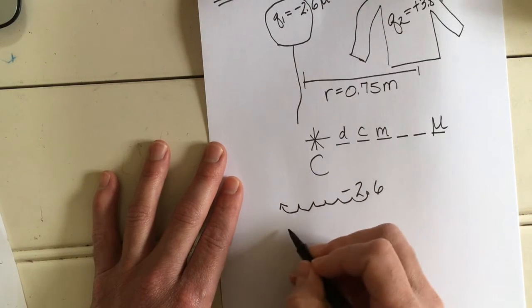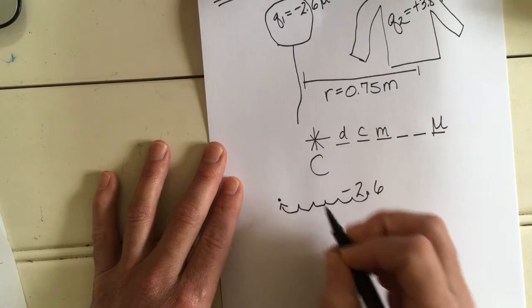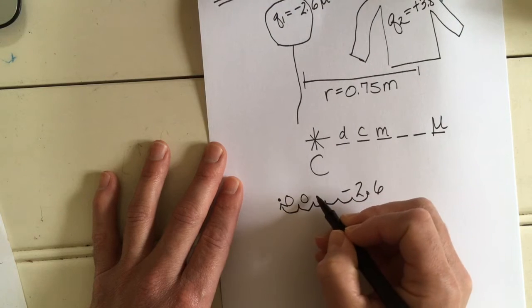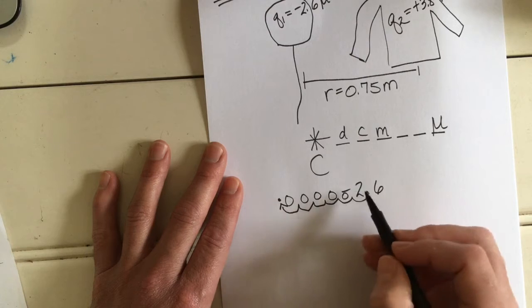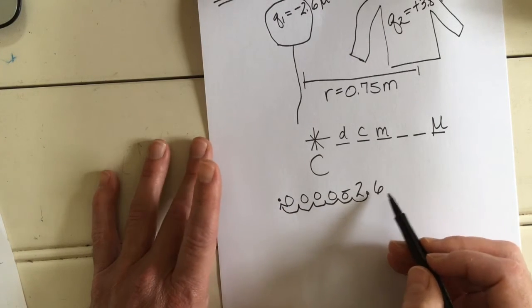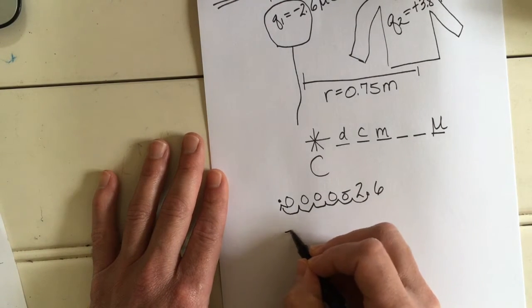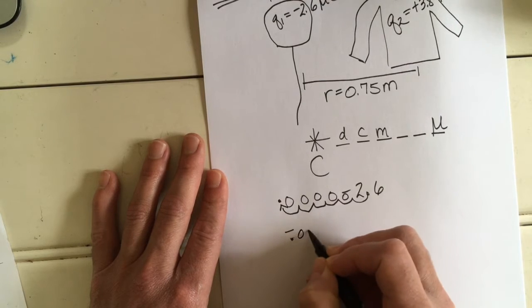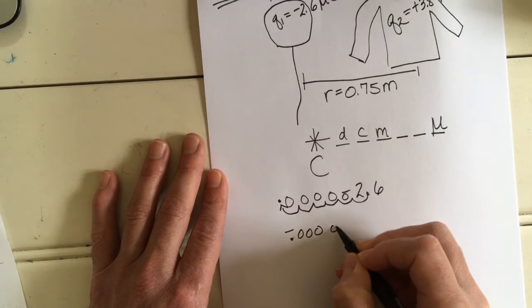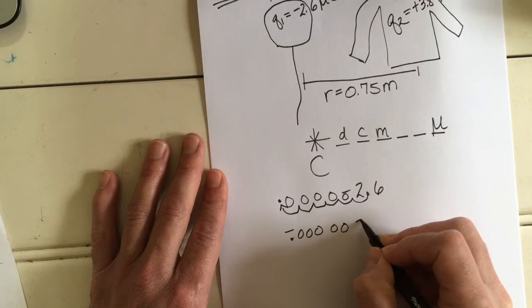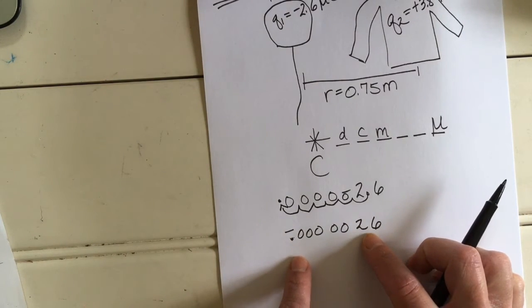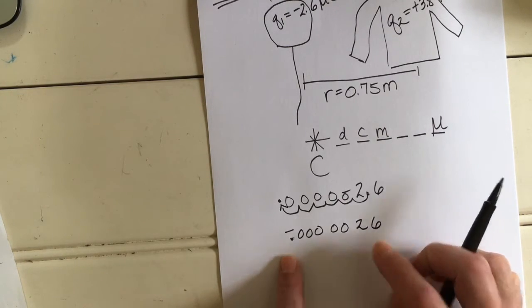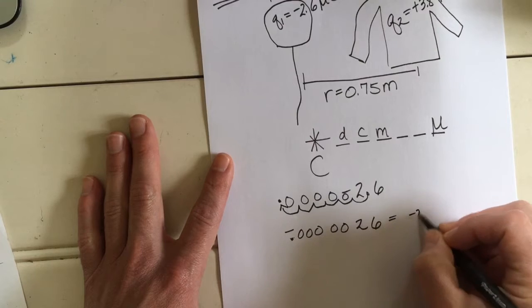So the answer is going to be put a 0 in all the values, 0.00000, and that negative sign still there, 2.6. So I called this negative 2.6 times 10 to the negative 6, right?